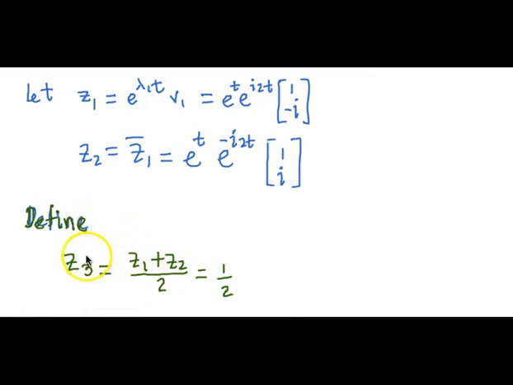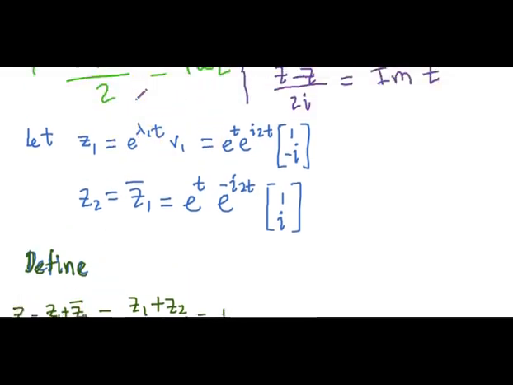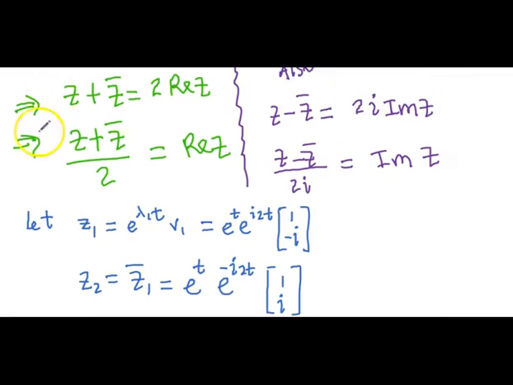So we're going to define a new vector, and this is something we'll need for this new solution. We're constructing a new vector z3, which is given by z1 plus its conjugate, z1 plus conjugate of z1 divided by 2, and that's directly with the intention of using what we had quoted before from what happens at the scalar level.